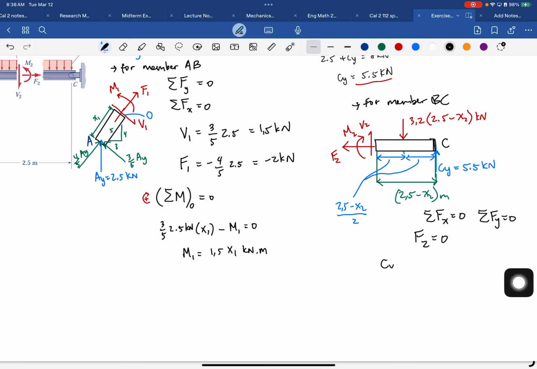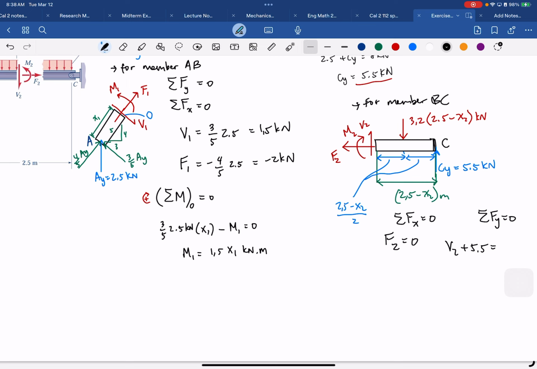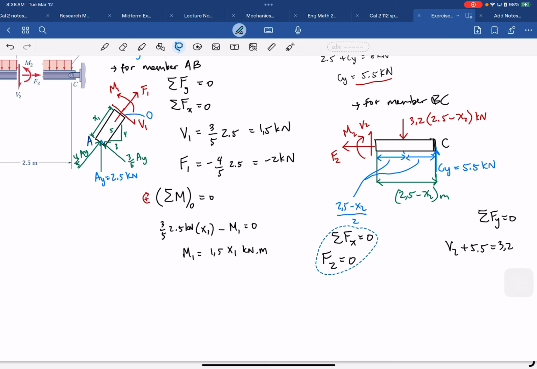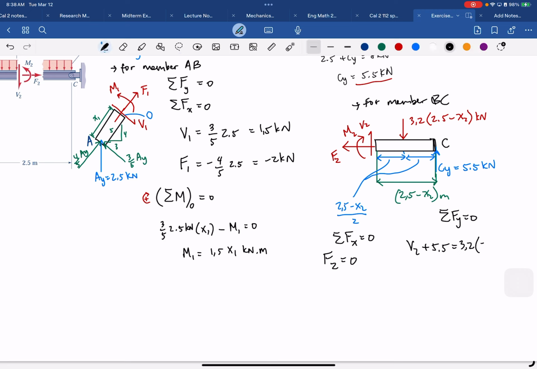So let me write V2 plus 5.5 is equal with 3.2 times 2.5 minus x2 kilonewton.